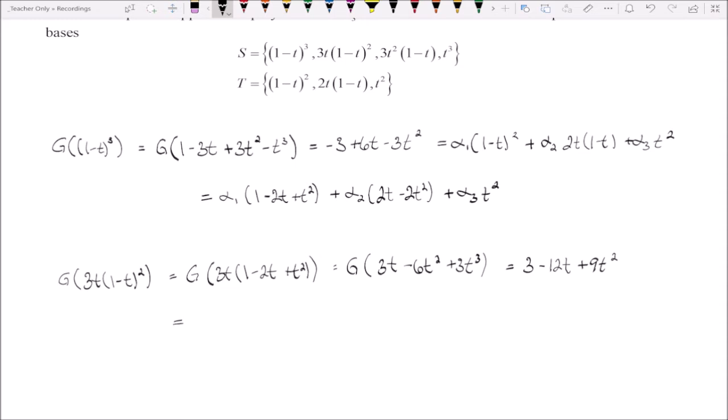Right, we want to write that as a linear combination of the vectors in T. Well, there's no need to reinvent the wheel, right? We already did these expansions. So we get beta 1 times 1 minus 2t plus t squared plus beta 2 times 2t minus 2t squared plus beta 3 times t squared.